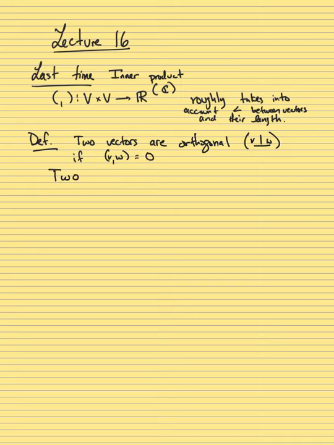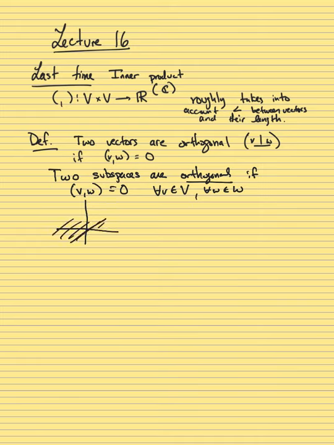Similarly, two subspaces are orthogonal if the inner product of v and w is equal to 0, for all v in one subspace and for all w in the other subspace. So a standard picture would be the xy plane is orthogonal to the z-axis, using the standard inner product on R3.